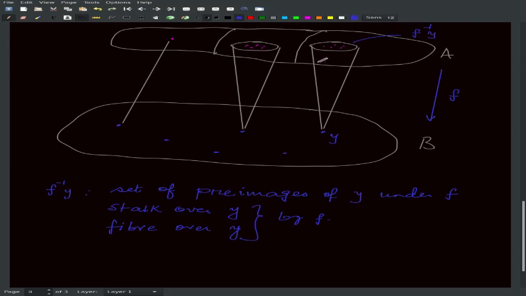That means each partitioning set has only one element. So I'm just partitioning it like this. So every partition has only one element, always, whether an element has a preimage or doesn't. I'm always looking at it in this way.